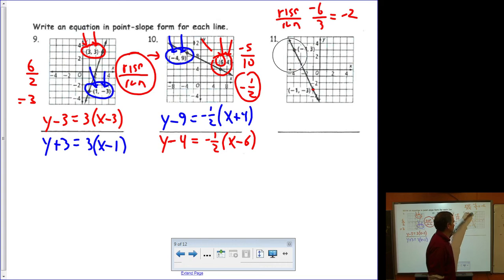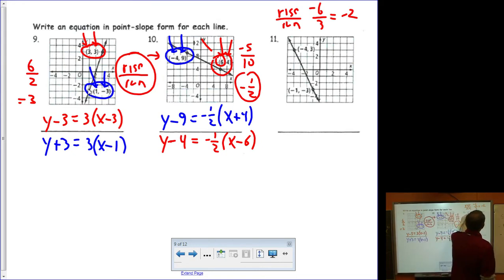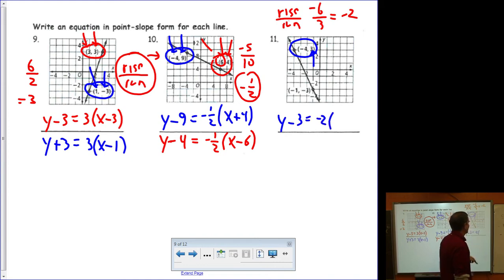Now, the equation I write is going to depend on which point I pick. Even though the equations might look different in point-slope form, they are actually the same equation, and you could see that if you changed them into slope-intercept form. They would both change into the same thing. I start with this point, so my equation would be y minus the y value, which is 3, equals the slope, negative 2, times x minus the x value, which is negative 4, so that'd be plus 4.